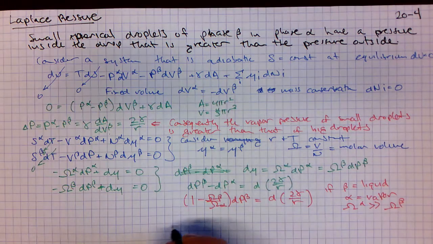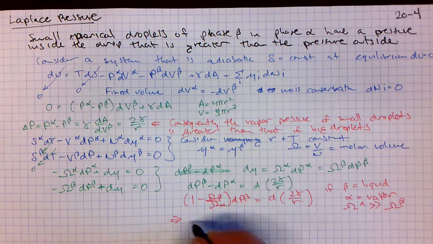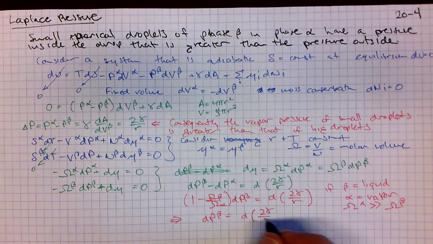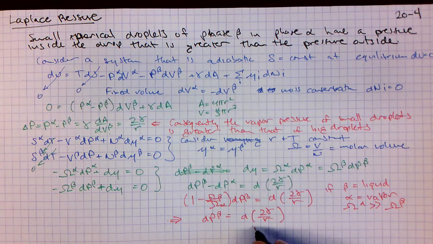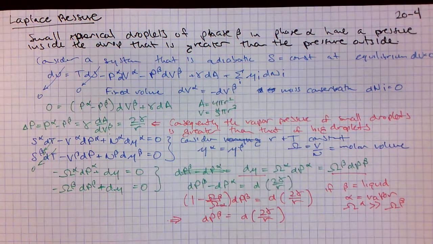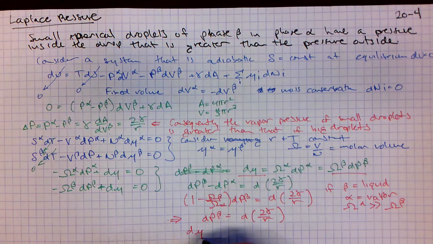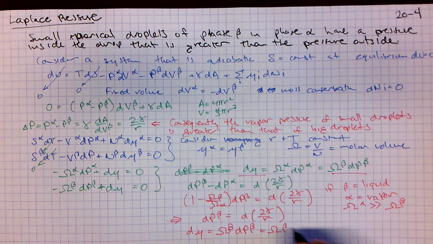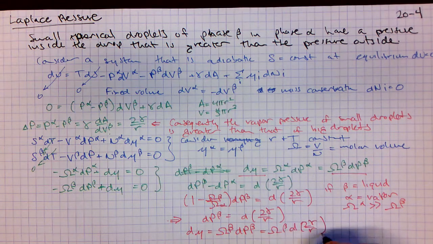And in that limit, dP beta is just equal to d(2 gamma over r). And since we can now relate dP beta to the chemical potential, d mu is equal to omega beta times dP beta, or omega beta times d(2 gamma over r).